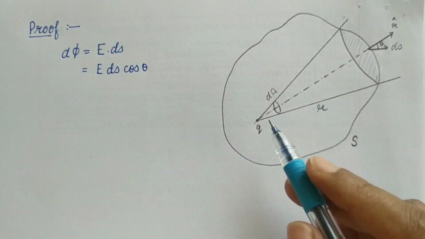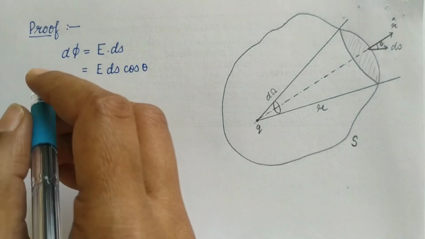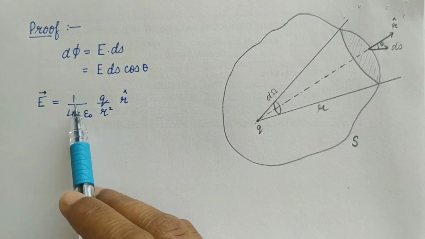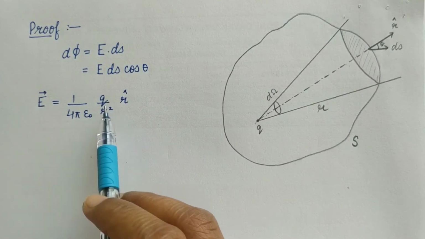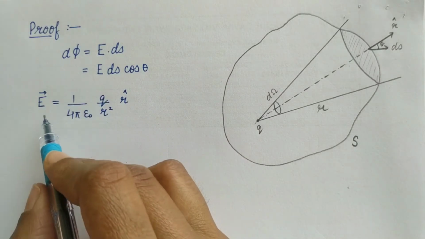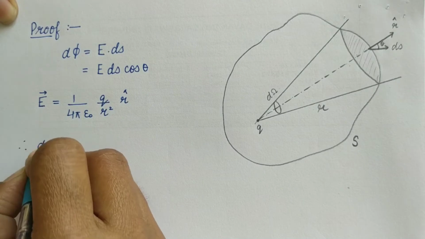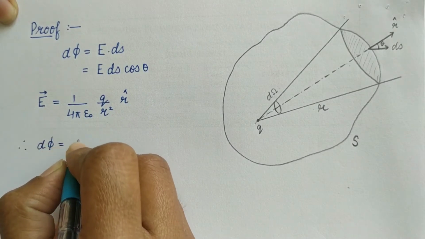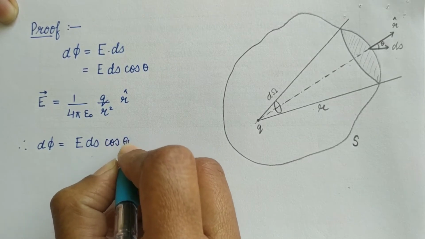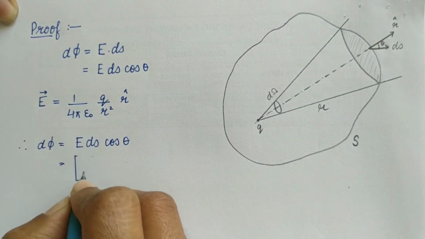Due to the point charge q, the electric field at distance r is given by E is equal to 1 upon 4 pi epsilon naught q upon r square r cap. So let's put this value of E in this equation. So we will get d phi is equal to, writing this equation and then putting the value of E.